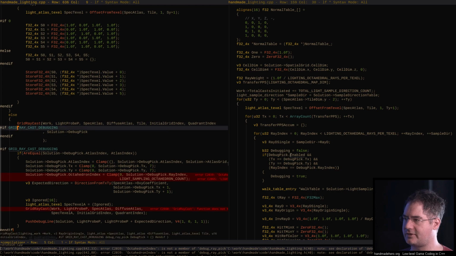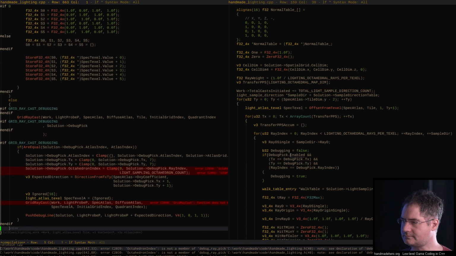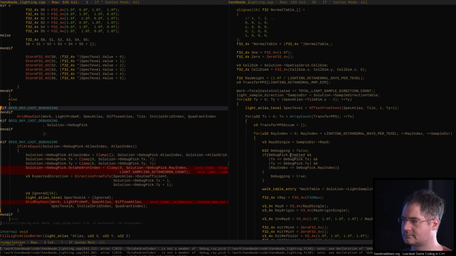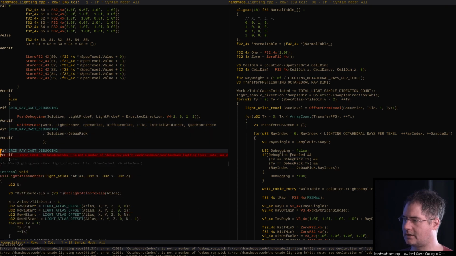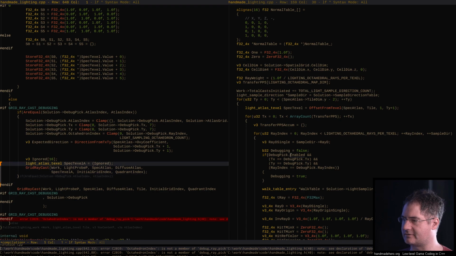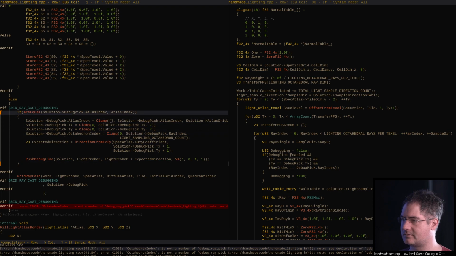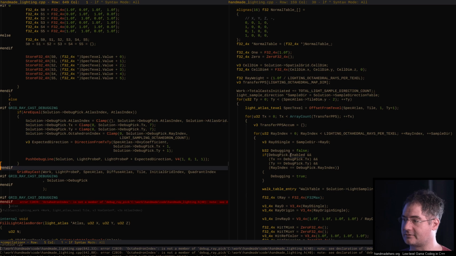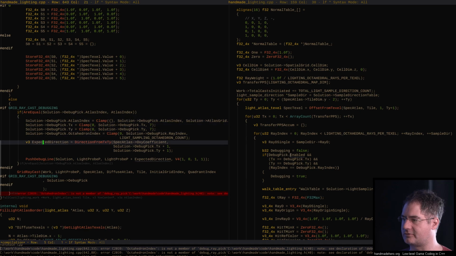So this entire thing, we could keep basically exactly this. Get rid of the thing that calls grid raycast twice, and just pass true or false based on the solution debug pick.